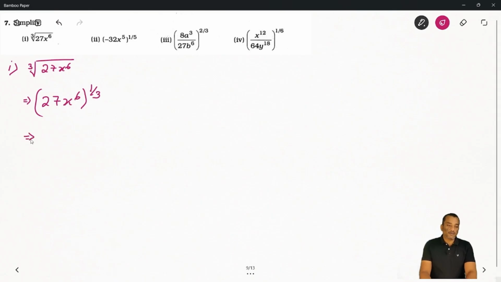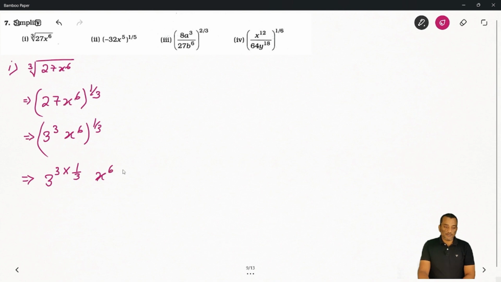After that we can break this as 3 cubed and x to the power 6, and the whole is 1 by 3. Now simple, we can say 3 to the power 3 multiplied with 1 by 3 and then x to the power 6 multiplied with 1 by 3. So this 3 gets cancelled, and this one gives 2. So you can say here 3x squared. Okay, so that is clear.